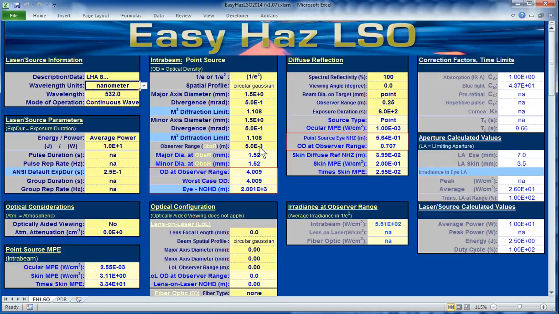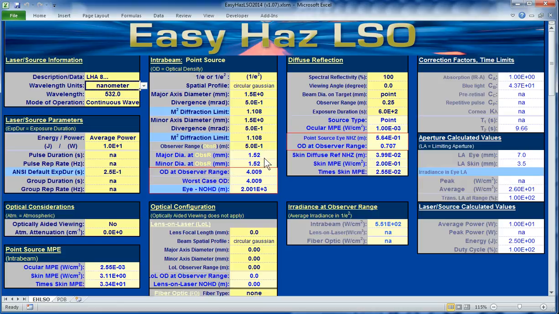We look at this as the waist being close to the aperture, and in the ANSI equations they're assuming the waist is at the aperture. That's not always the case. Really, observer range means that you are 1/2 meter away from the beam waist. We can think about this as being at the aperture, close to it. So we're 1/2 meter away from the smallest point in our beam.